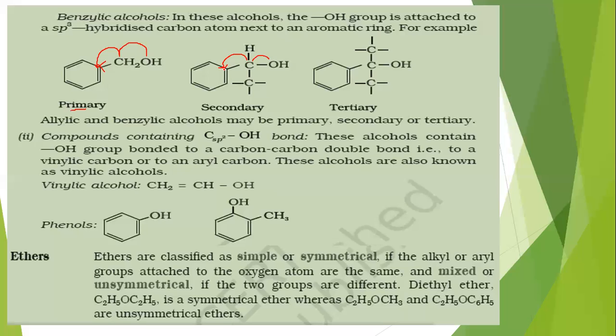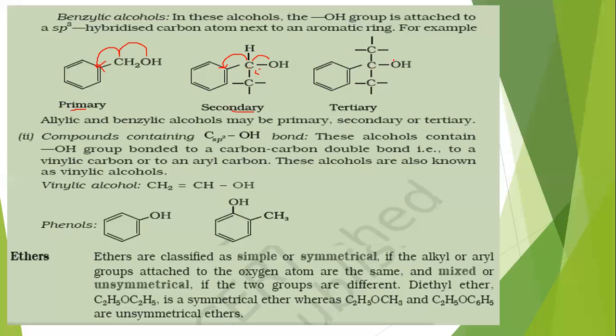This is a carbon of the aromatic ring. And why is it secondary? Because OH is attached to this carbon which is directly bonded to another carbon. This is secondary because this is first carbon and this is second carbon.